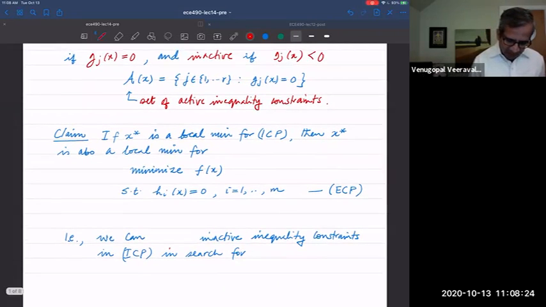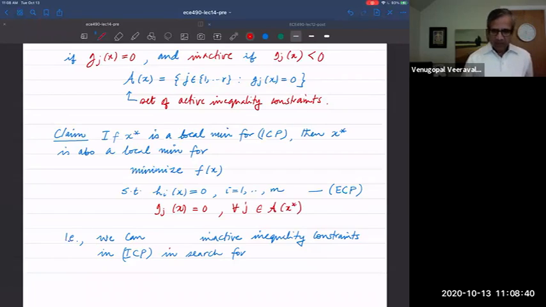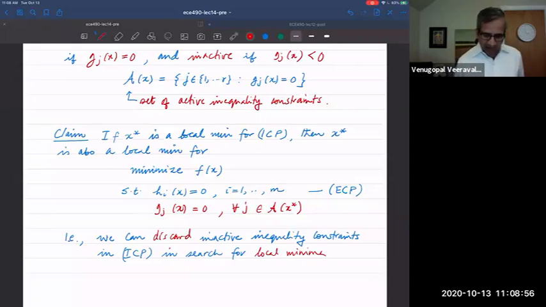So we'll minimize f over the equality constraints h_i of x equal to 0 and all the active inequality constraints for which g_j of x is equal to 0. So basically we can discard inequality constraints in the search for local minimum. In other words, the inactive inequality constraints don't really play a role in the necessary conditions.